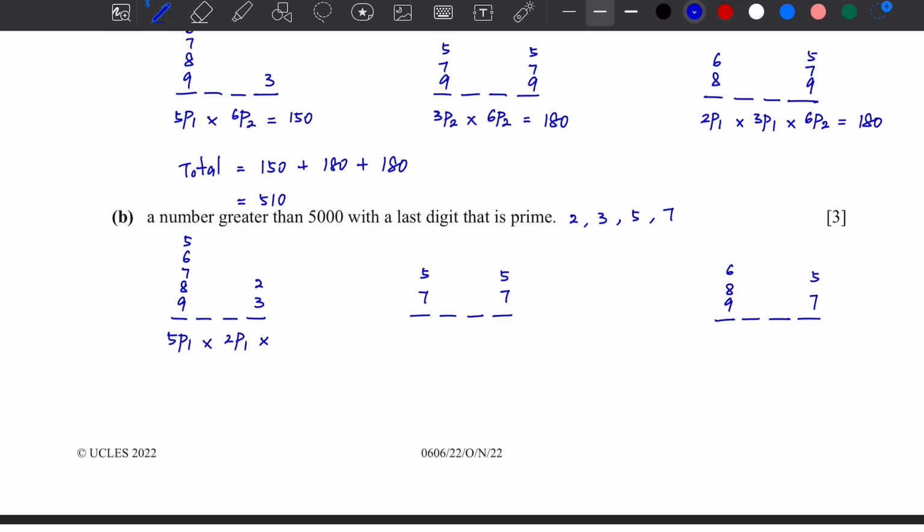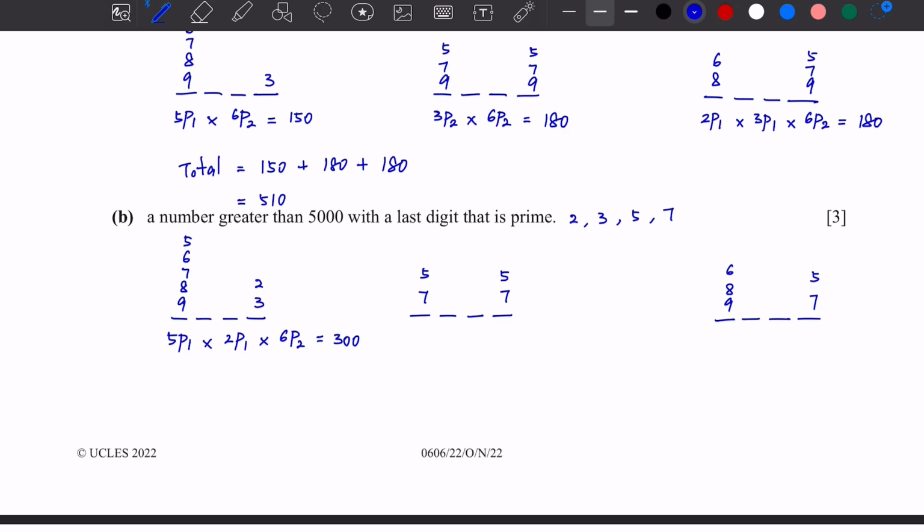And for the middle numbers, same thing, we have 6 numbers left because we already used 2. So we have 6 numbers left, and we choose for 2 slots. So 6P2. And this would give us 300.